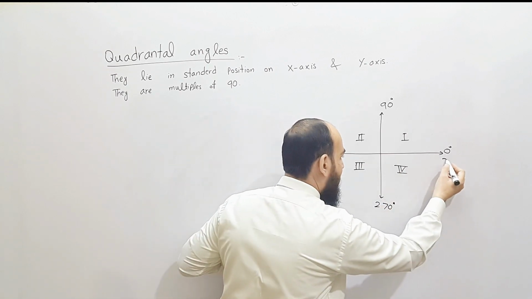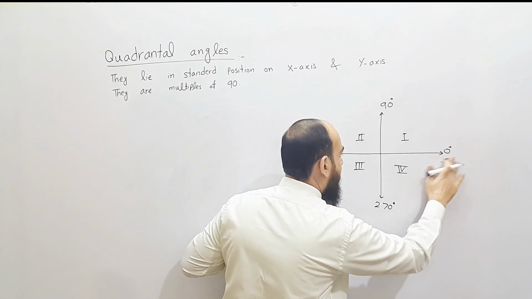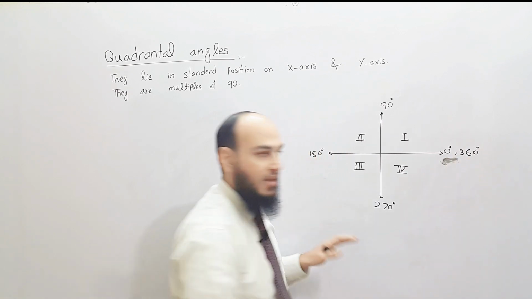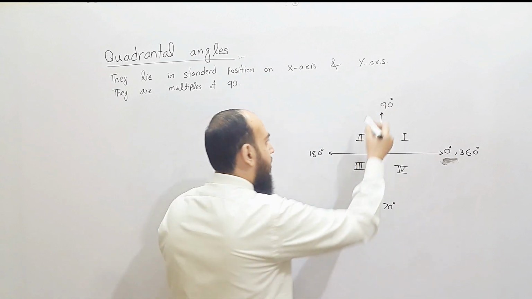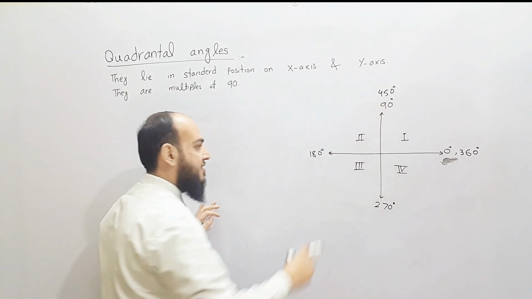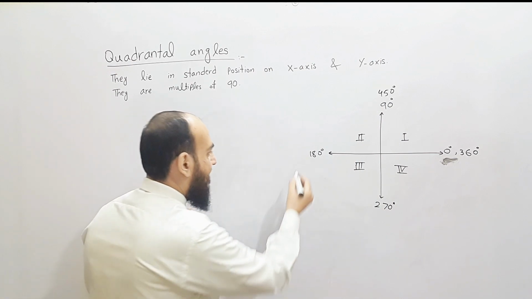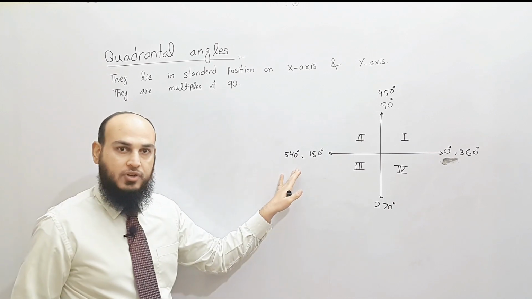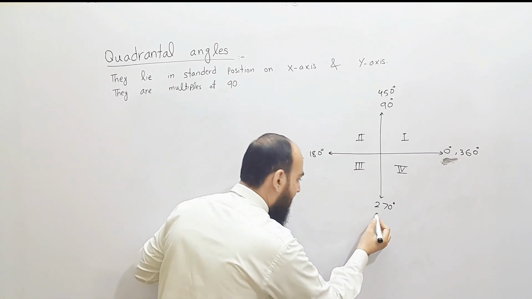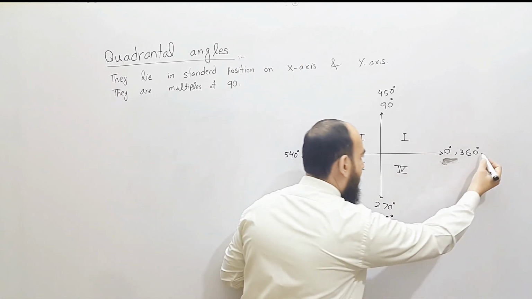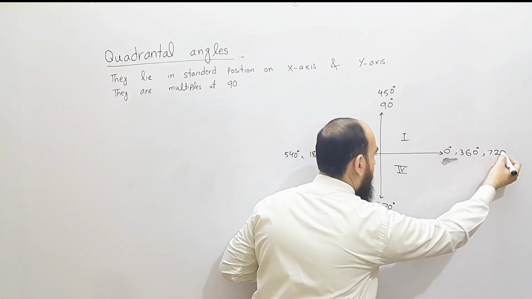get 360 degree here, and 360 plus 90 you will get 450 degree here, and 450 plus 90 you will get 540 degree, and 540 plus 90 you will get 630, and 630 plus 90 you will get 720.